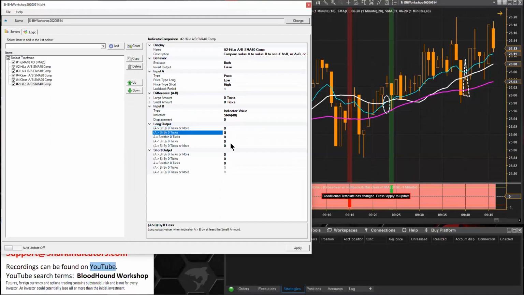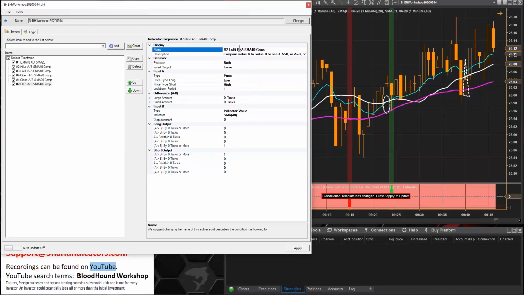So I can go in here and make all my changes quickly without having to wait for BloodHound to recalculate everything on the fly. Okay, I want the low below. I should adjust the name here. There we go.